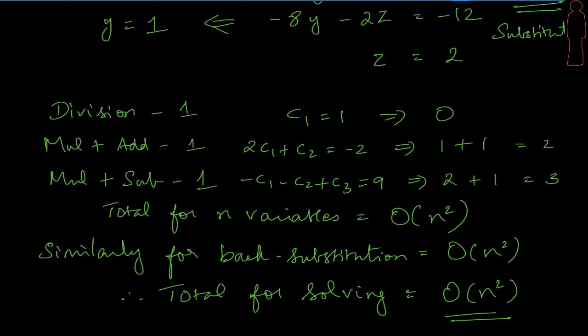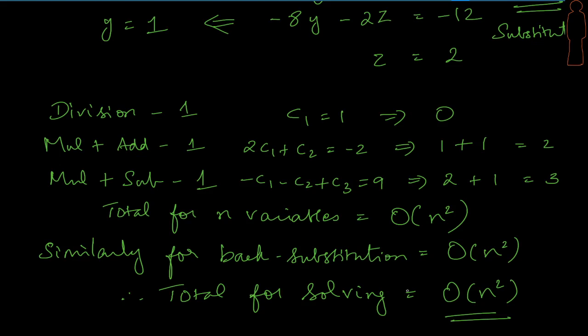But remember that when we did elimination, we discussed that the computation required there is order of n cube, right? So is this kind of a magic that has happened? No. The answer is no, because remember that we are factoring A into LU and we have not counted that computation here.